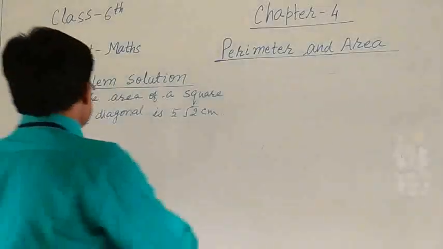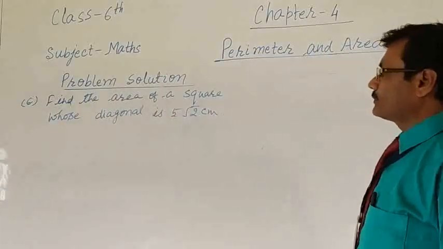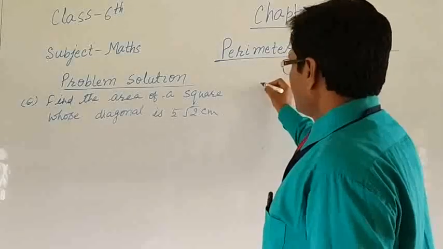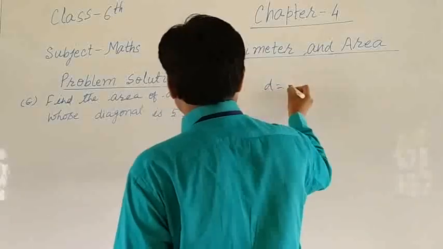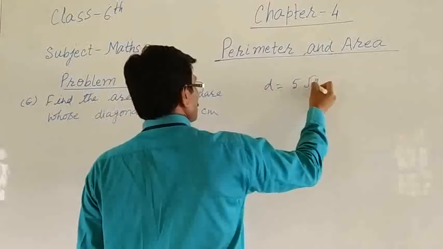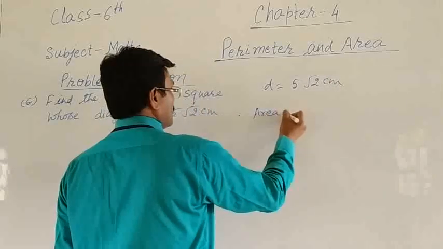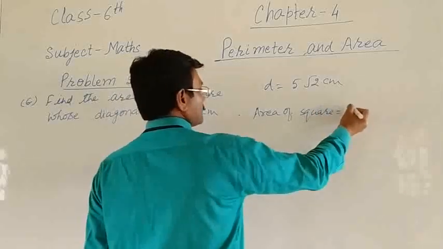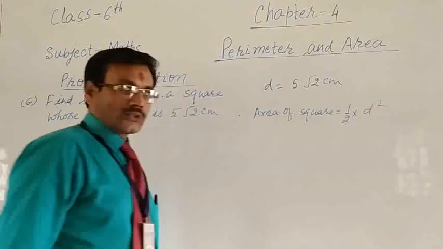Now the next question is telling find the area of a square whose diagonal is 5√2 centimeter. Therefore, area of a square is equal to 1/2 into diagonal square.